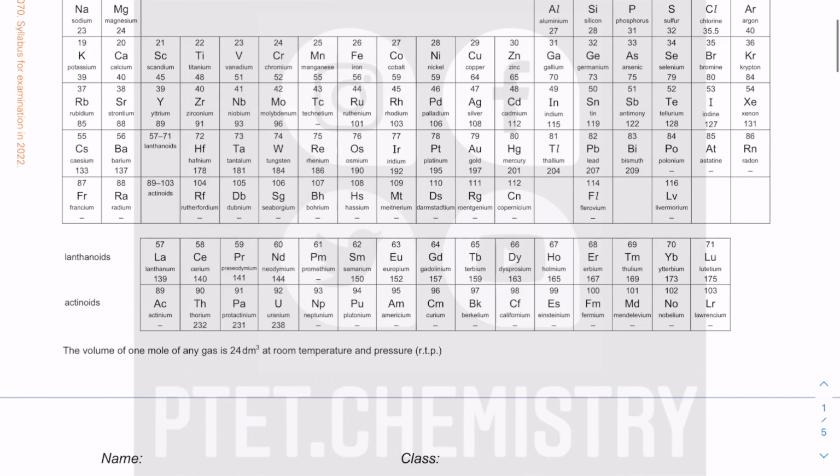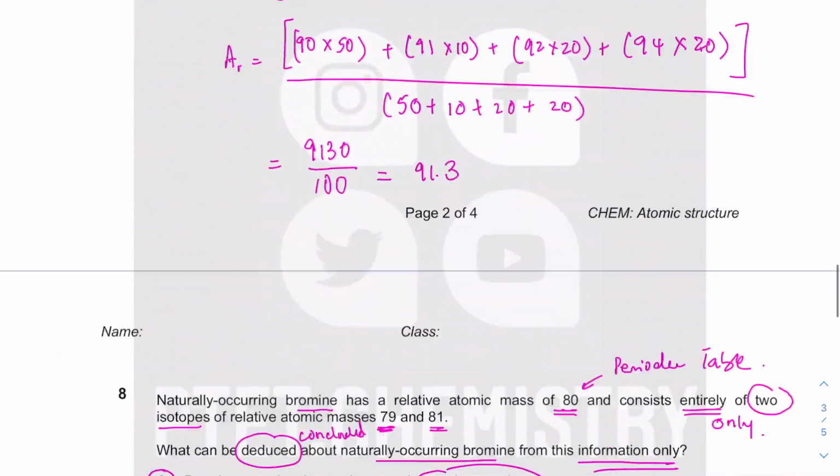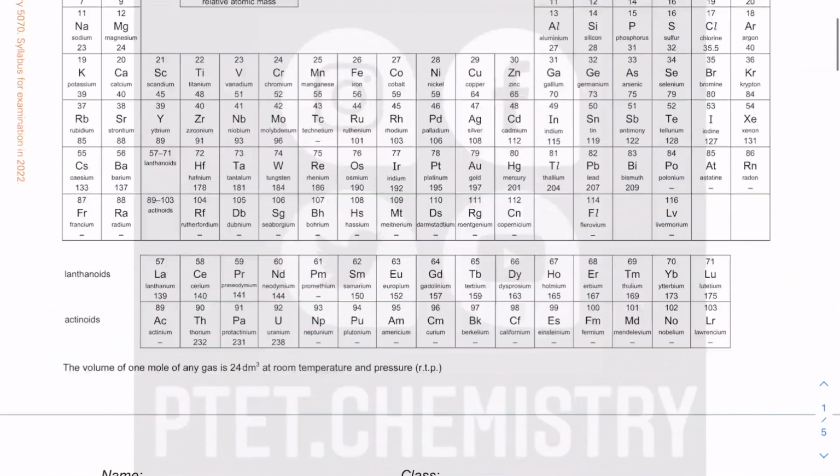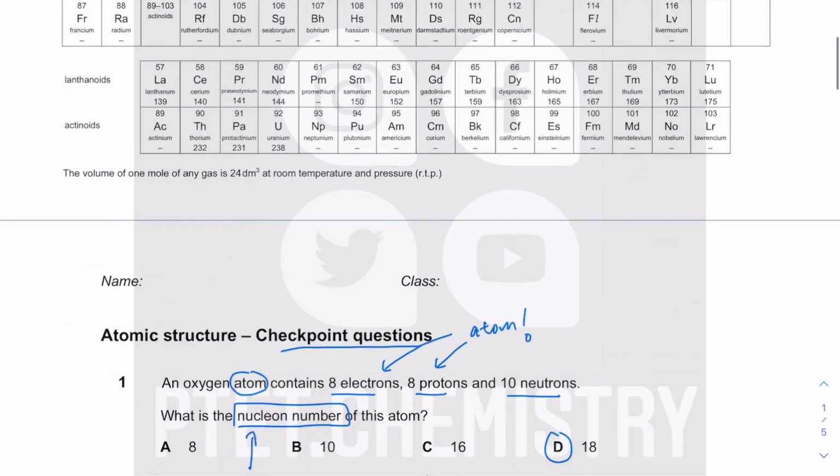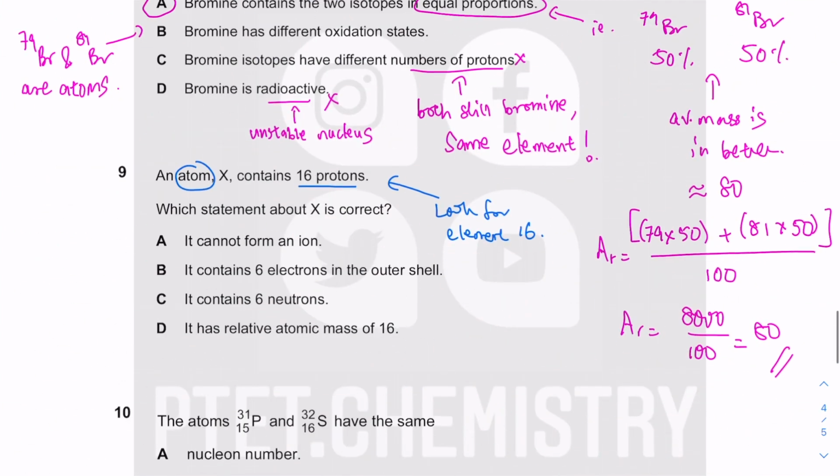The symbol is S. And sulfur is in group 6, VI refers to 6. Oops, sorry, not 16, group 6. I keep on referring to 16 because it's how A-level would do it. But since you're in O-level, given your periodic table, do whatever your periodic table tells you to.